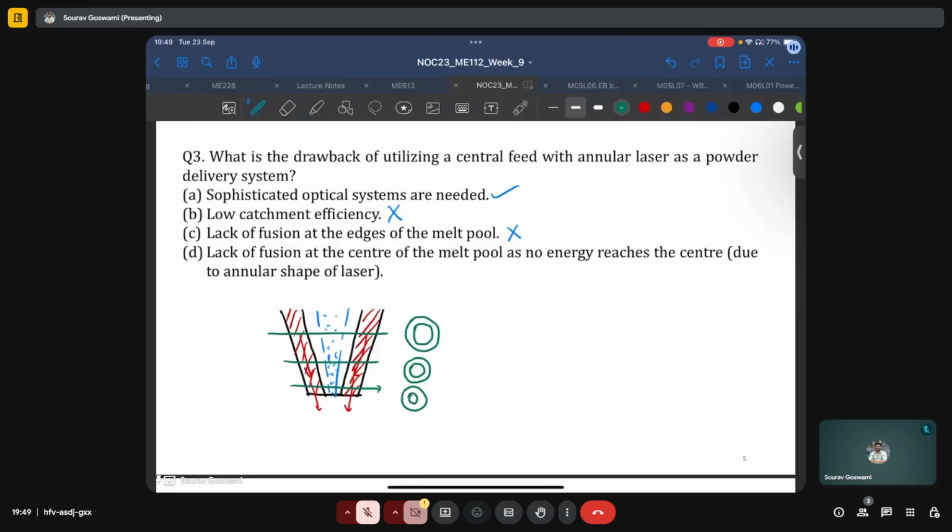And it is entirely possible that after a distance, it will have a TEM00 similar profile. And irrespective of that, because of the conduction of heat, there will not be a lack of fusion at the center. And typically, as we know, the center is the region with the highest temperature in the melt pool. So option A is correct.